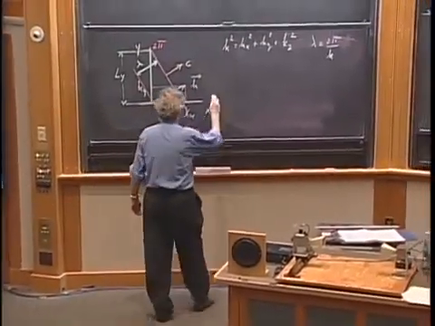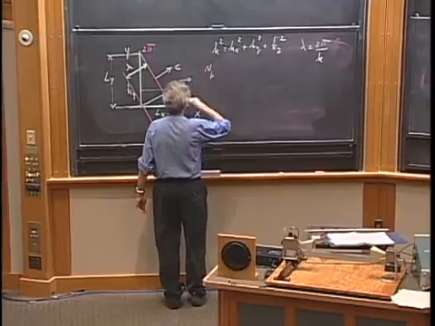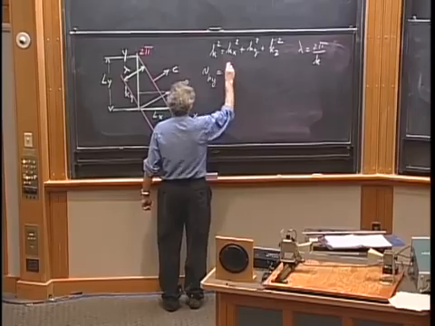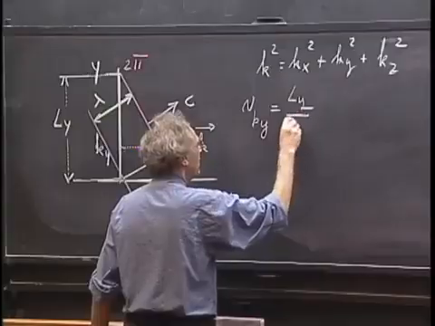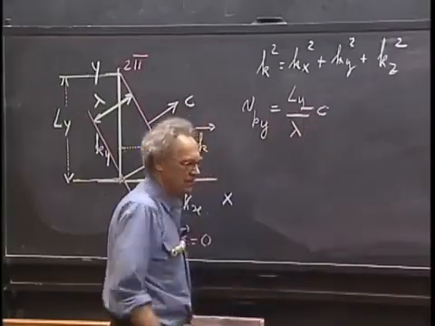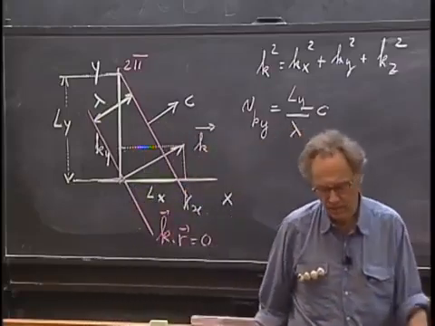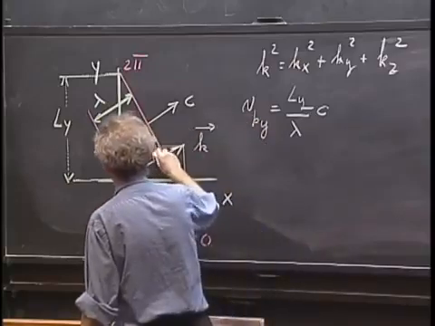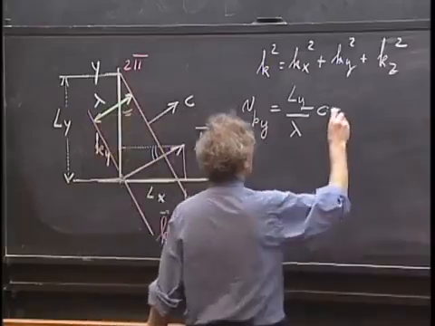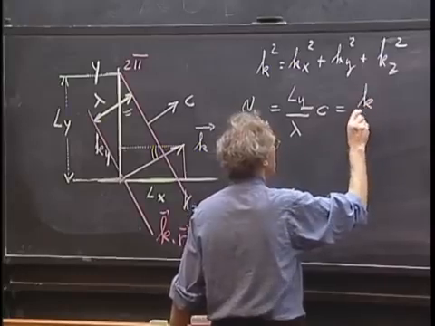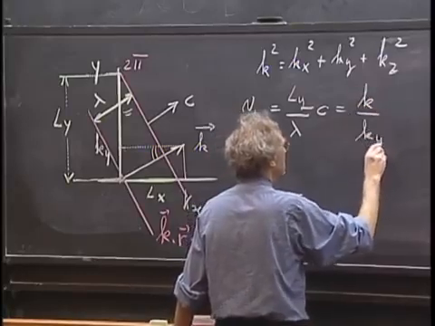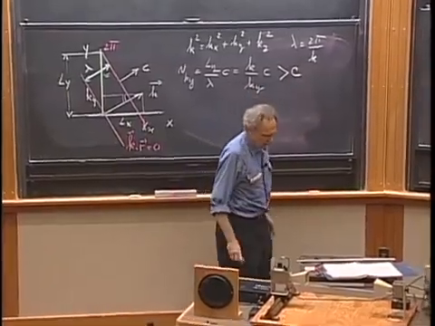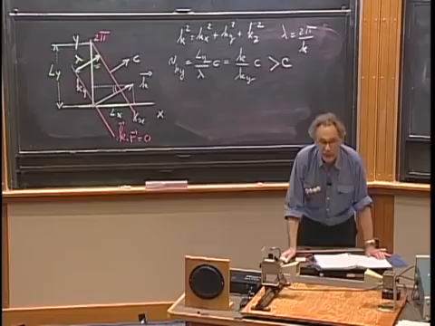And so that speed, which we call the phase velocity in the y direction, is very simple, is Ly divided by lambda times c. And that is larger than c. It follows immediately from the geometry, because this angle here is the same as this angle there, that this is also k divided by ky times c. And that is not only larger than c, but it can be way larger than c.